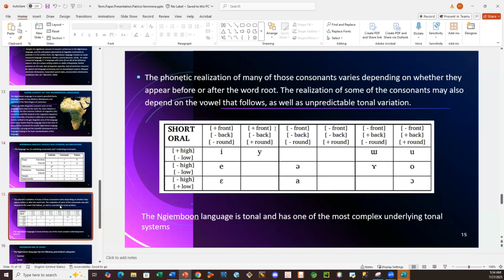We also want to highlight that it has 7 vowels, and these vowels are actually underlying vowels, and some of them can take a long form, while others can take a nasal form. And vowel variations may take place depending on morphophonological rules.